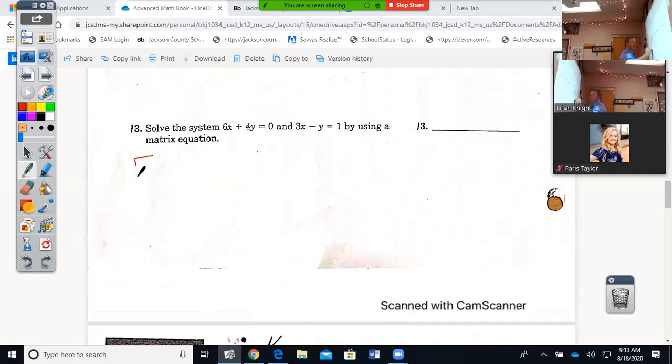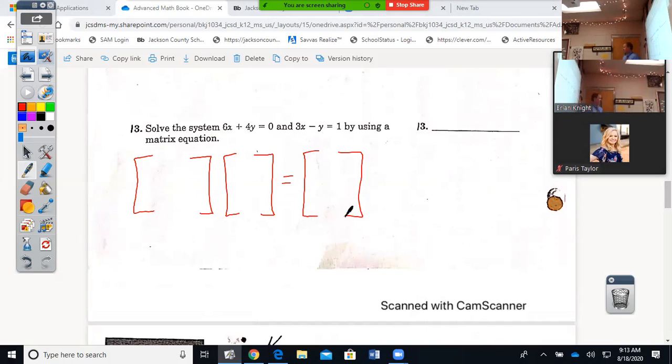So you write your coefficient matrix, and your variable matrix, and it's equal to your constant matrix. So what is your coefficient matrix? It's made up of your coefficients, what's in front of X and Y, okay?